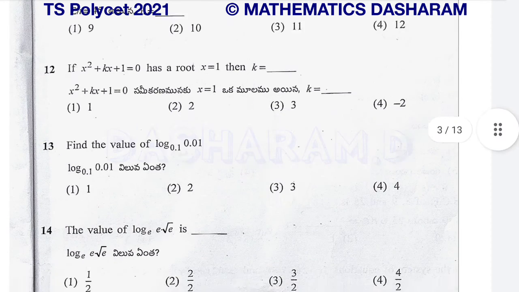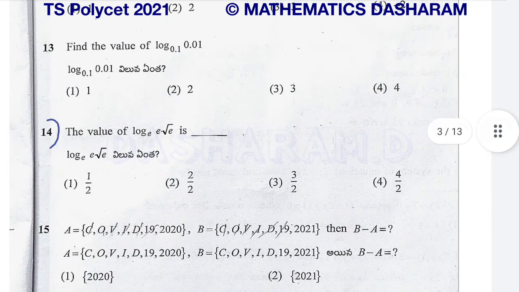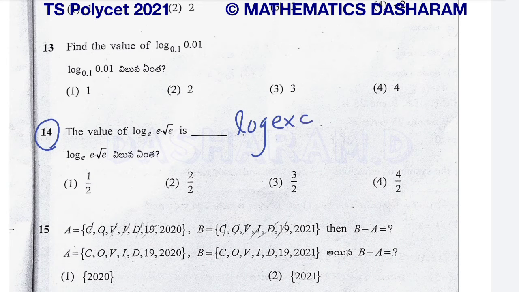Next to 14th question, the value of log e into root e base e is. See here, log e into root e, exponential form e to the power of 1 by 2, base e. Here e can be written as e power 1.